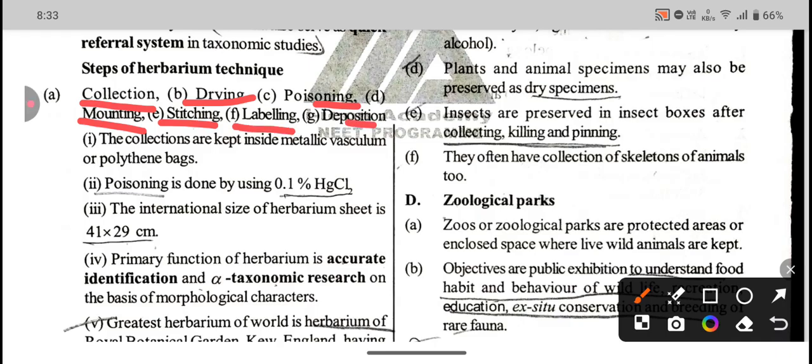You can collect them and keep them inside a metallic vasculum or polythene bags. Poisoning is done using 0.1% mercuric chloride, and the international size of a herbarium sheet is 41 by 29 centimeters, the paper size on which you press the plants.